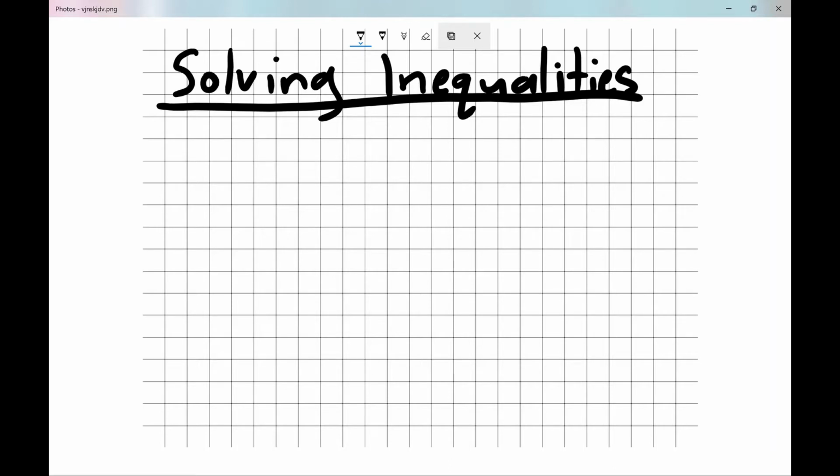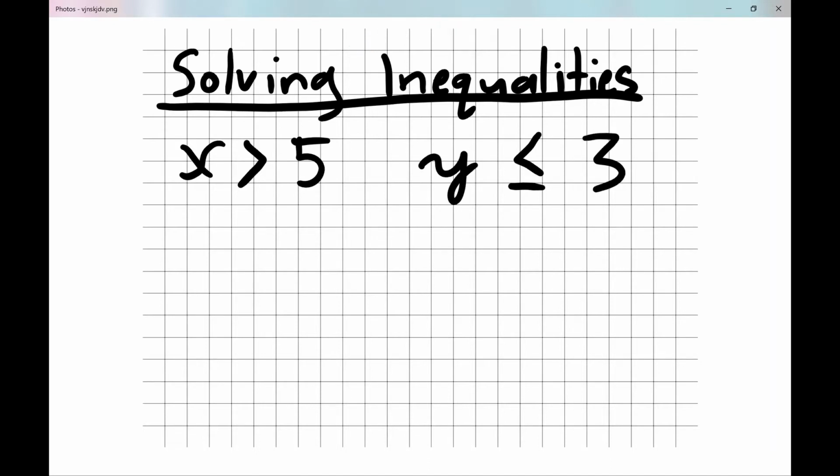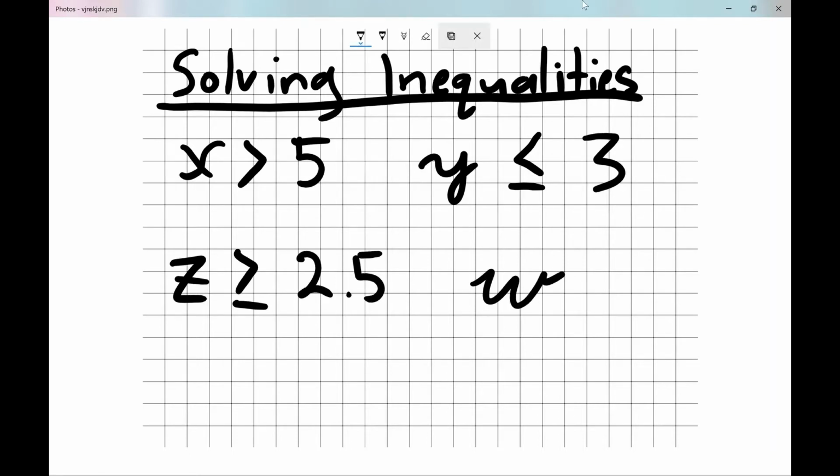For starters, let's recall up until this point we have seen inequalities in the form of x is greater than 5, or y is less than or equal to 3, z is greater than or equal to 2.5, w is less than -1.